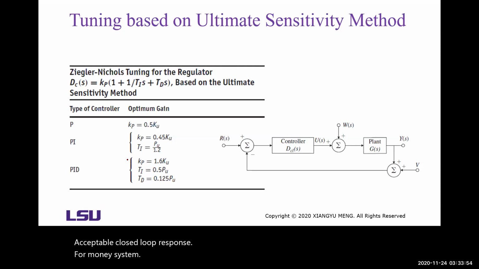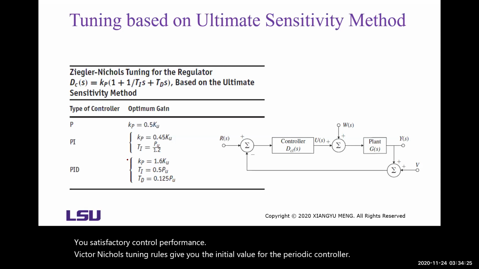But to make sure the step response has the desired performance, you may need to iterate the process several times to yield satisfactory control performance. The Ziegler-Nichols tuning rules give you the initial values for the PID controller. Sometimes some fine tuning may be needed.